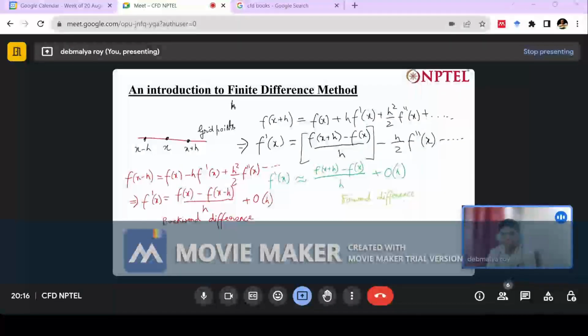And you know that there is a central difference as well. So what is the central difference? The central difference will take this equation and this equation, and what we will do is subtract it. So this equation 1 minus equation 2.